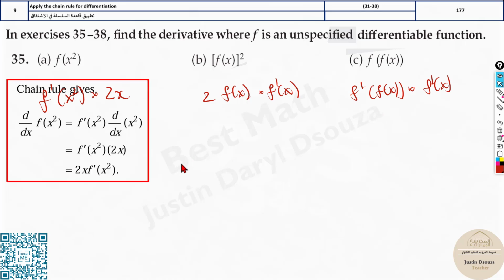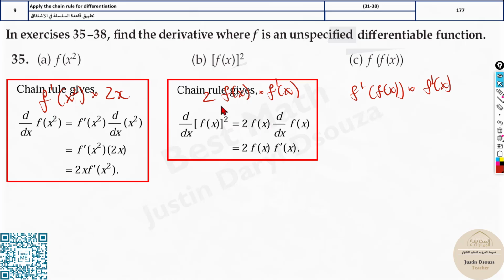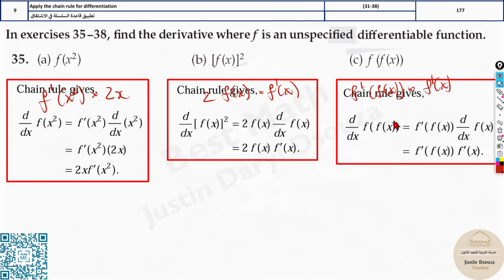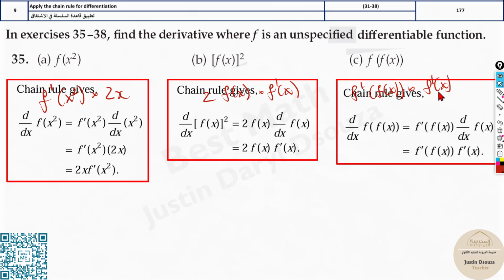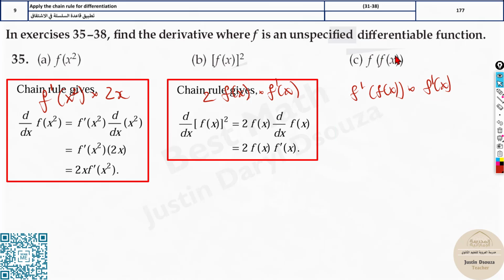I hope that's clear. Here it's 2x; they have rearranged and written it as 2x f prime of x squared. Here it's 2 times f of x, f prime of x, and lastly we have f prime of f of x times f prime of x. I hope this much is clear. So f prime outside, then whatever is inside, then again we derive the inside thing. Now if this x was something else, like x power 2, then here it will be x power 2, then we derive x power 2 again, and we have to write 2x.